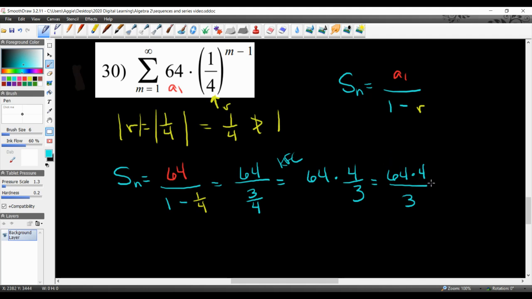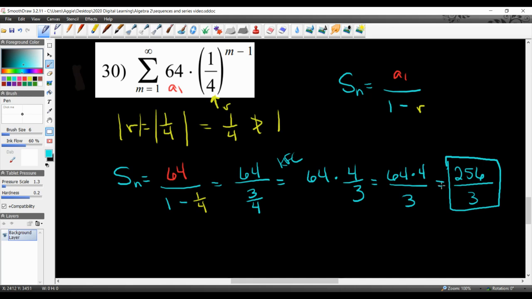I don't know if I can do that in my head or not. 64 times 4. So I'm getting 256, I believe. Okay, and then divided by 3. And I don't think that's divisible by 3. Let me double check that one. No. So that one gives me a decimal. So I'm going to leave it as this just because it's more precise this way.